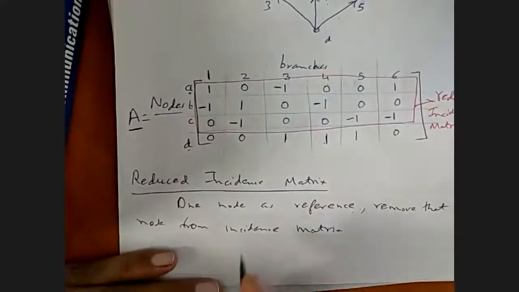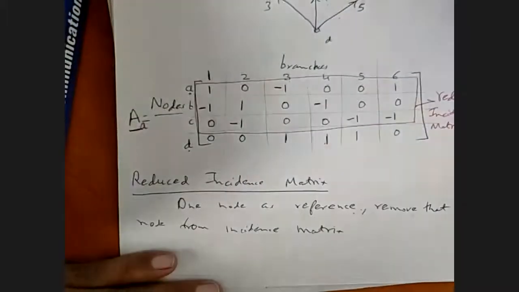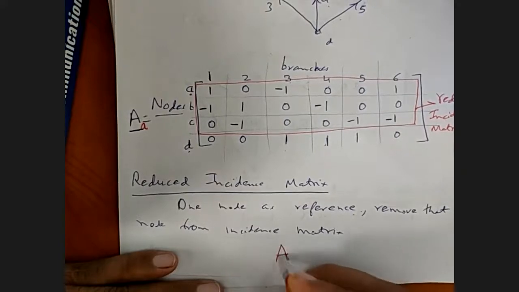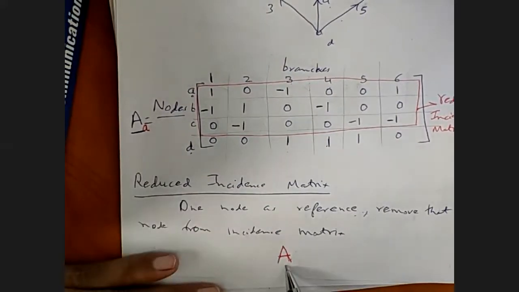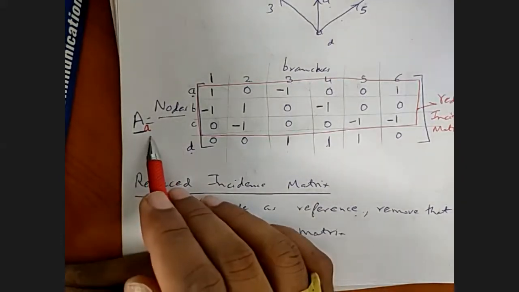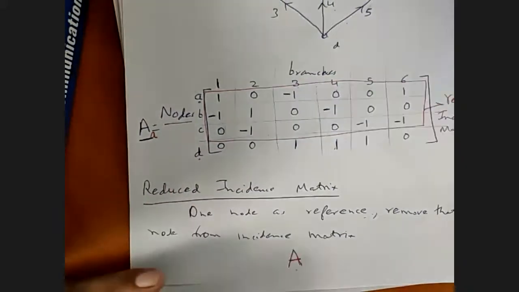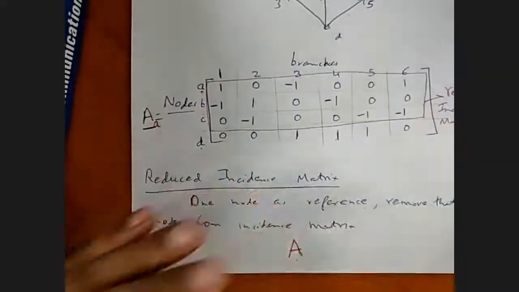To differentiate, the complete incident matrix will be written as AA and the reduced incident matrix is written as A. Is it clear to everyone? Now what is the use of this incident matrix?